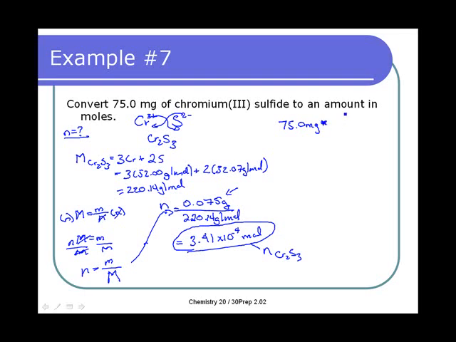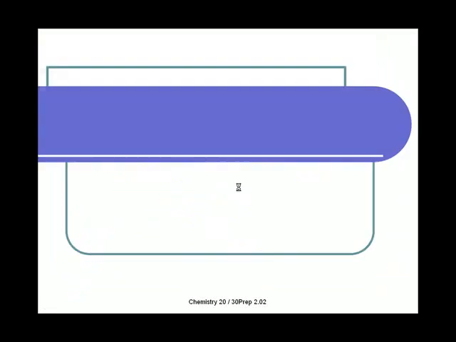So we're going to multiply by 1 gram over 1,000 milligrams, since there are 1,000 milligrams in 1 gram. Since I'm trying to get rid of milligrams, I'm dividing by the milligrams part. Our milligrams cancel, and so what I'm actually doing is just 75 divided by 1,000, multiplied by 1 gram. And that's how I get my 0.075 grams.